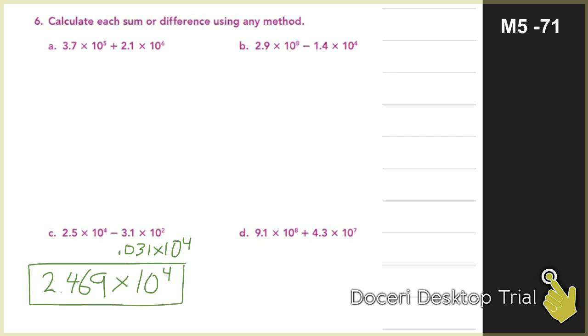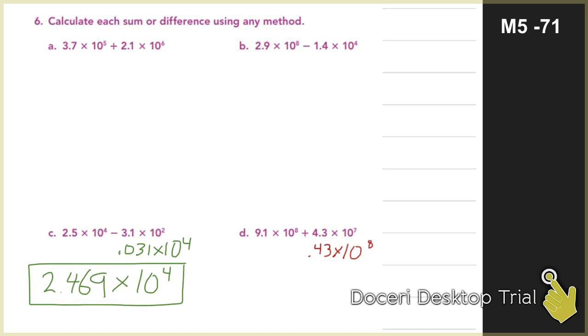Now moving over to letter D, I have 10 to the 8th and 10 to the 7th. Again, I'm going to convert the 10 to the 7th to 43 hundredths times 10 to the 8th.